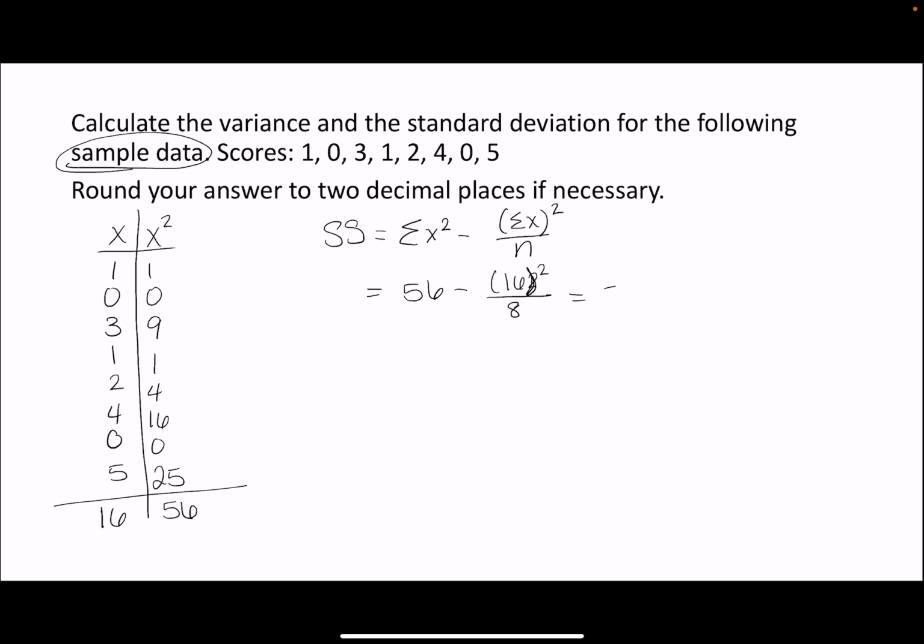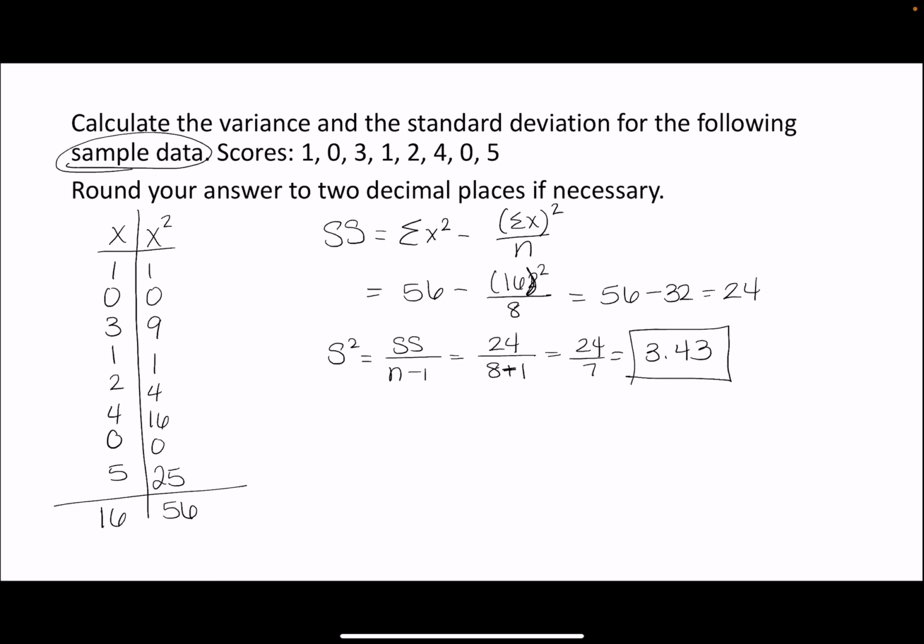That is going to be 56 minus 32, or 24. So now we're going to find our s squared. Remember, this is our sum of squares over n minus 1. So this will be 24 over 8 minus 1, so 24 divided by 7, and that's going to give us 3.43.